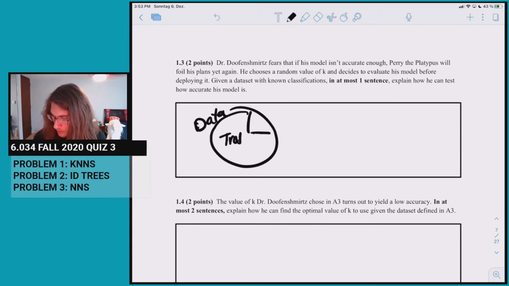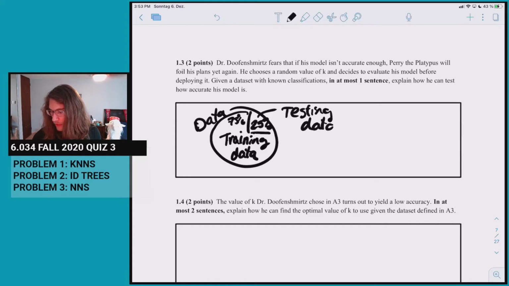I take about 75% of it. It doesn't have to be 75%, but that is a common number to use. And 75% of it is going to be my training data. I'm going to train my KNN model on this 75% of the data, and then I'm going to use the remaining 25% to test it.